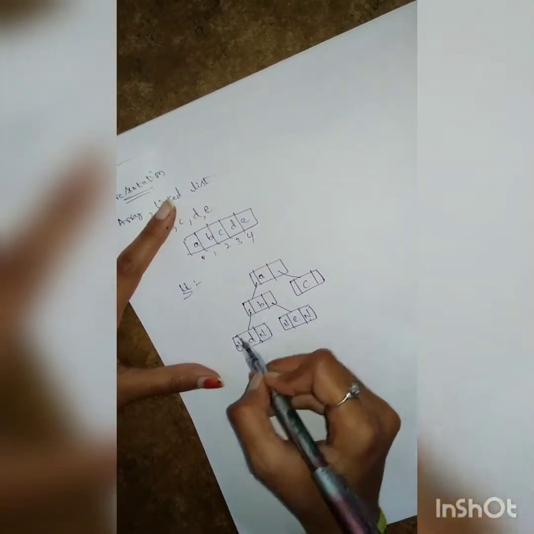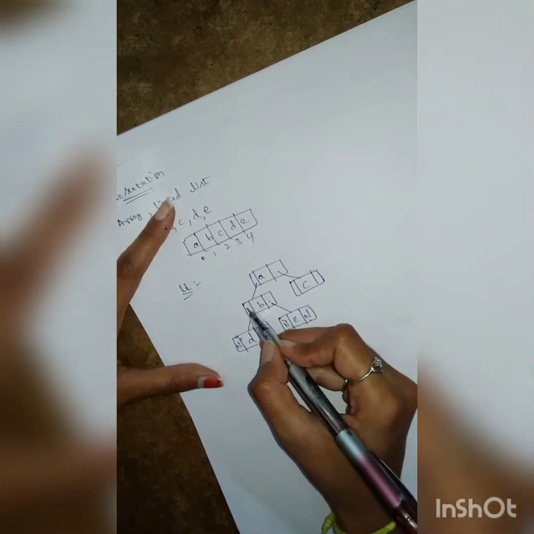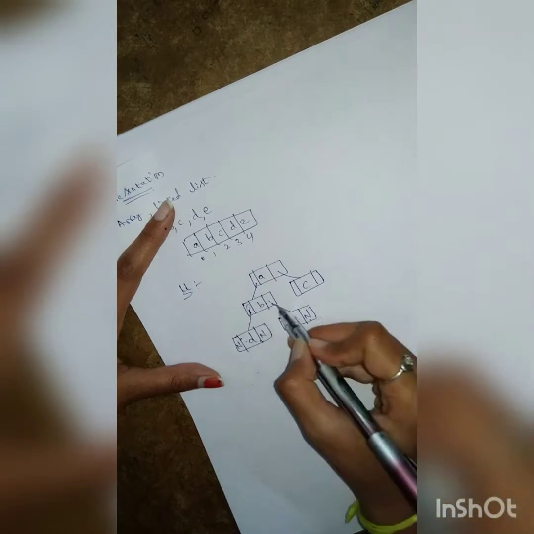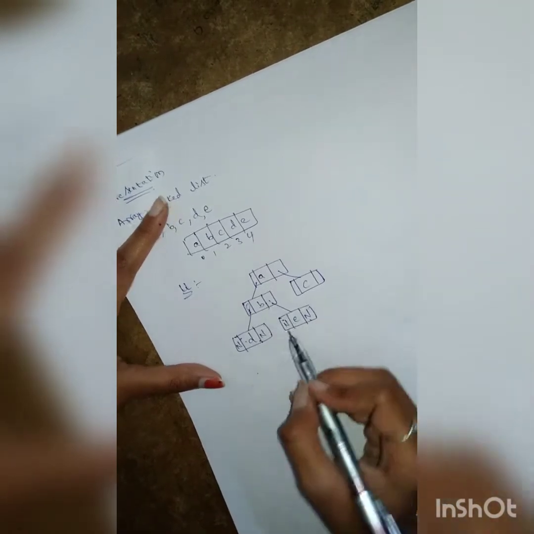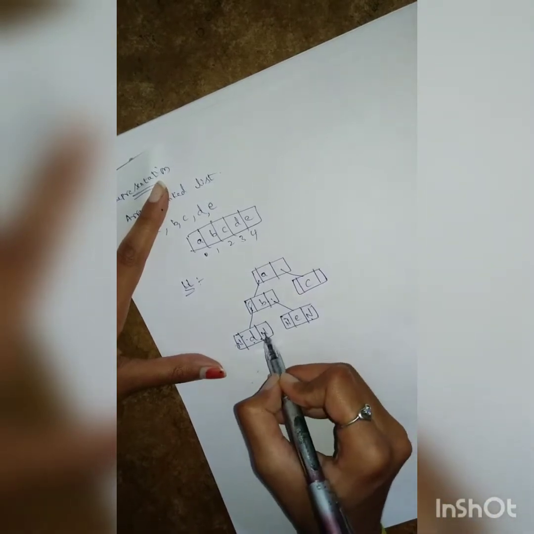If it is a non-leaf node, it will have children, so it will not be null. That is, it will have the address of its children. If it is a leaf node, the links are represented as null.